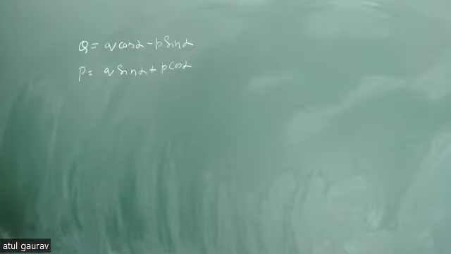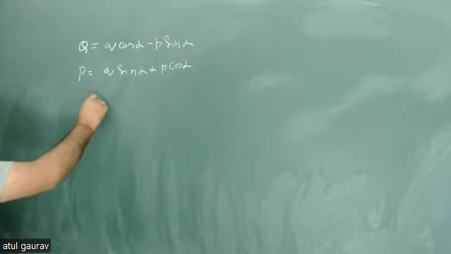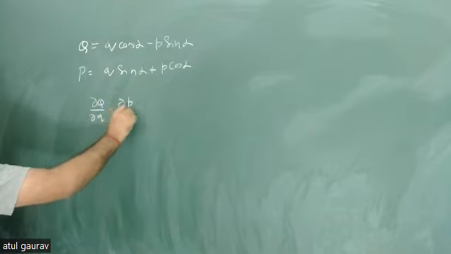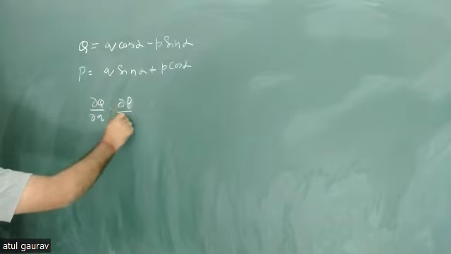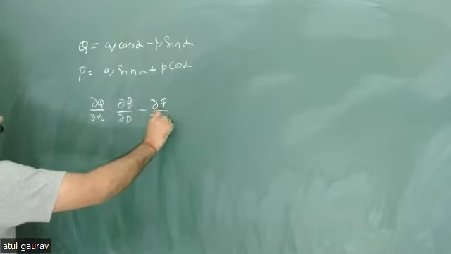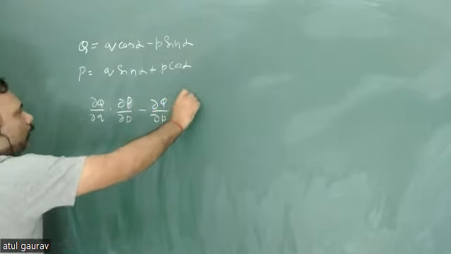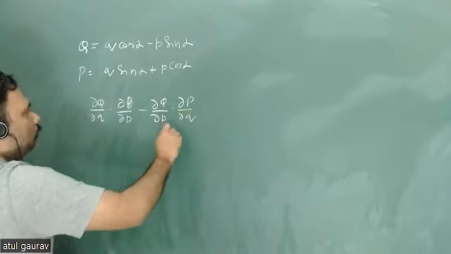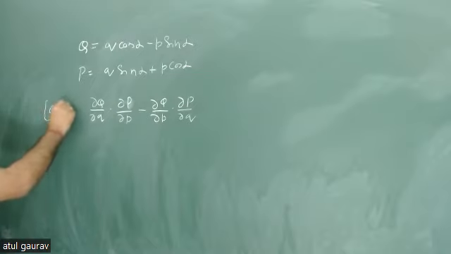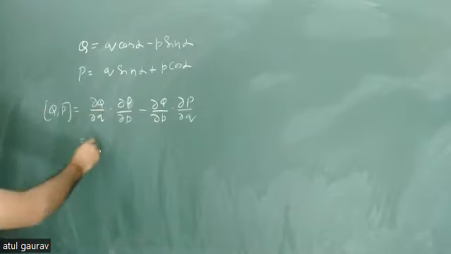What will we have to do? Simple, we check using the Poisson bracket, right? Yes sir. So we will do del Q upon del q, del P upon del p, minus del Q upon del p into del P upon del q. We have to check this. So basically, what is this value? And alpha is some constant.